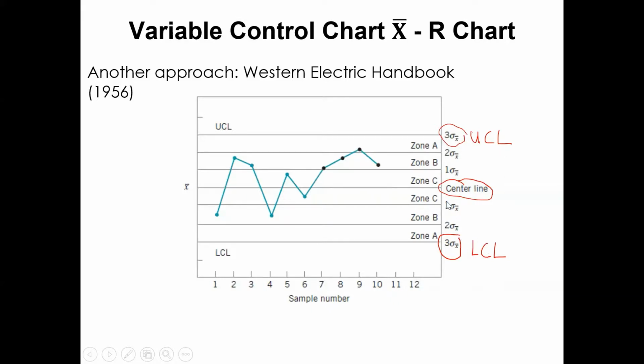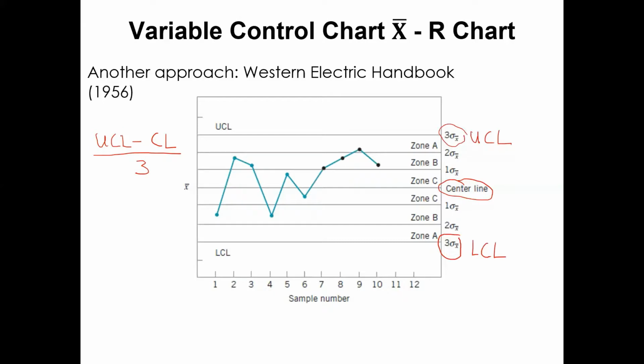So how do we identify 1 sigma and 2 sigma? Use simple mathematics. For example, I can find the difference between the center line and the upper control limit line, and divide by 3.